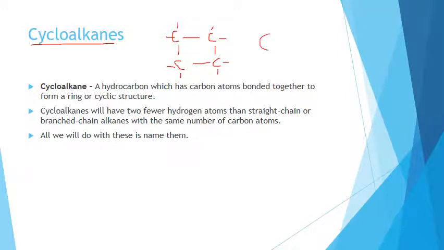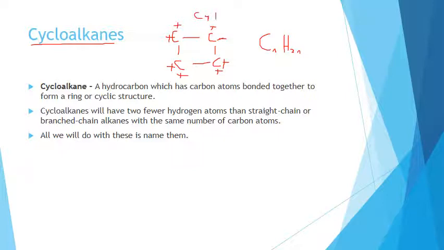So actually the generalized form for these guys is this. The number of hydrogens is twice the number of carbons. So this is C4, and you can see that there's 8 hydrogens. 1, 2, 3, 4, 5, 6, 7, 8.